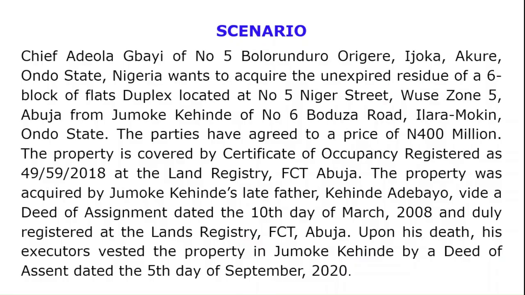Draft the introductory part of the final document to be prepared in the above transaction between Chief Adiola and Jumoke Kende. And then a follow-up question: state the function of each of the clauses. So let's start with the drafting of the introductory part as well as the function.